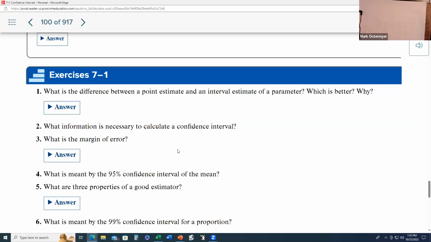Okay. So, what is this margin of error here when we build a confidence interval? Well, if we were to build a confidence interval for an unknown population mean, let's say, the confidence interval is always going to be formed by taking a sample mean plus or minus this thing called a margin of error.